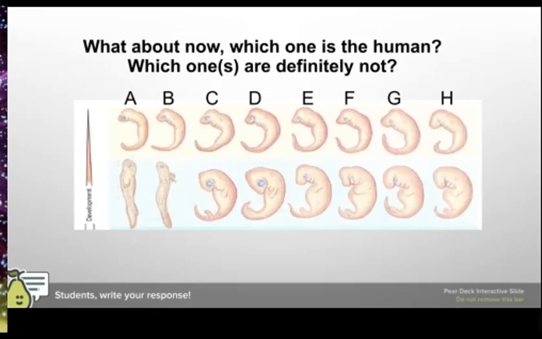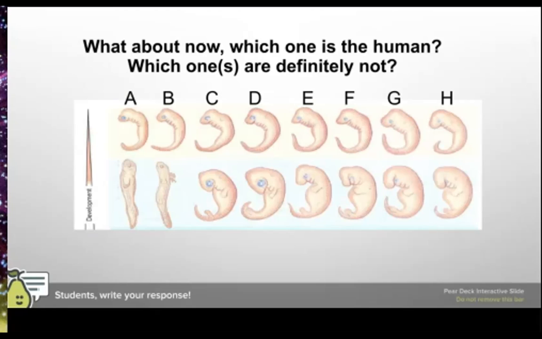Daniel, what do you think? I'm still gonna stick with G as the human, and I don't think A and B could be human. Okay. Somebody else? Mike?